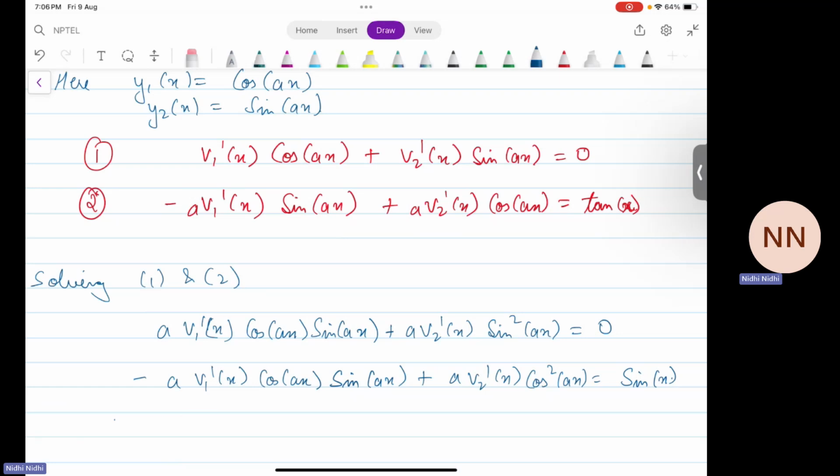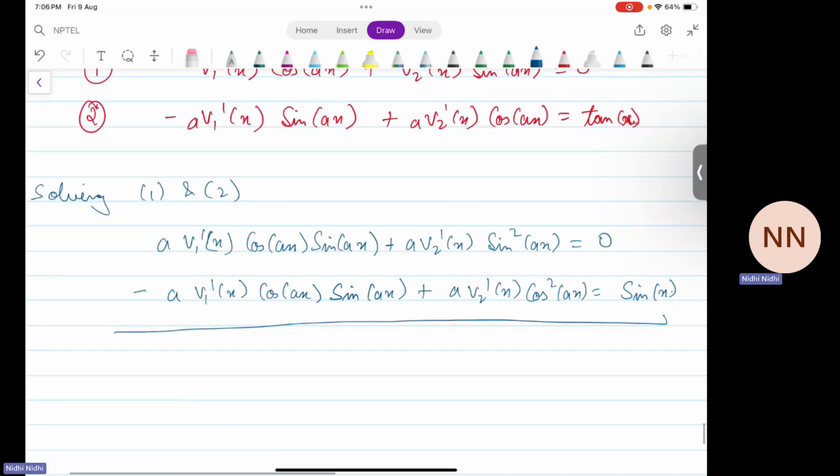Now adding these two equations, this gets cancelled out, and we are left with a v2 dash(x) times sin square ax plus cos square ax, which we know is equal to 1. So this is equal to sin x.